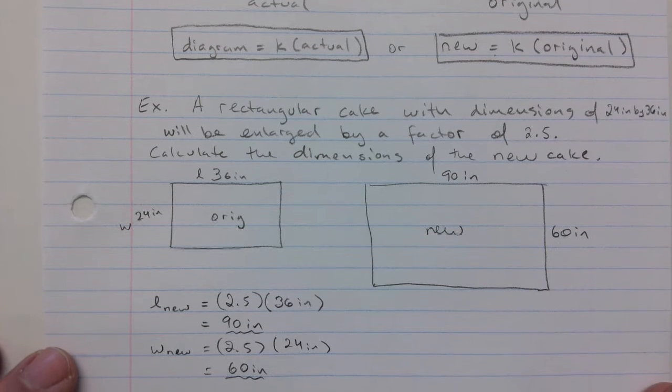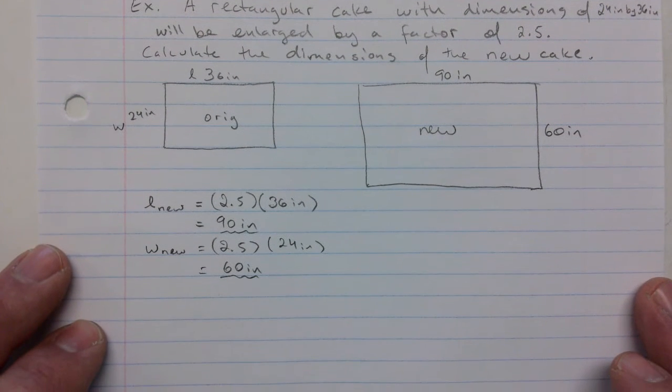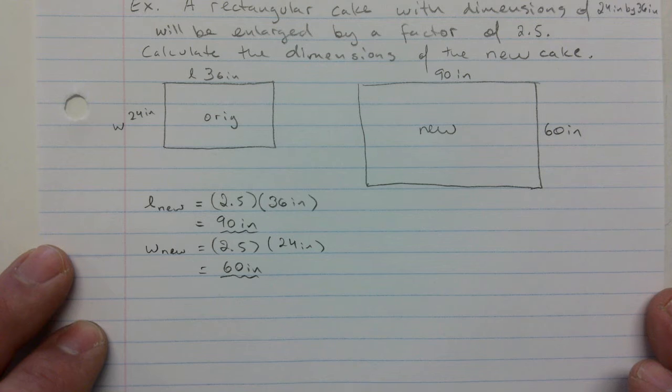So now we're going to go into 2 dimensions and 3 dimensions. We're going to be talking about area and volume, and how the scale factor affects that.